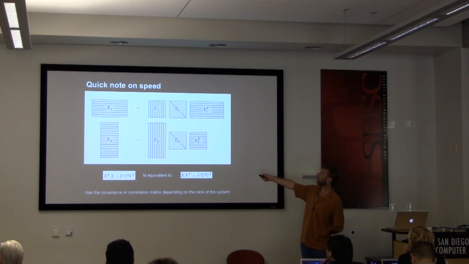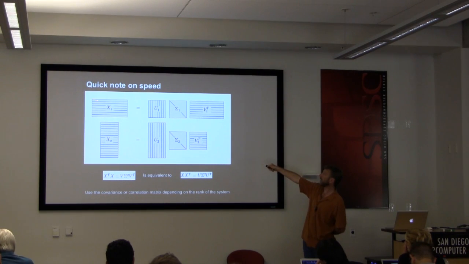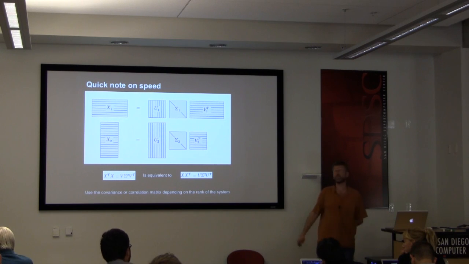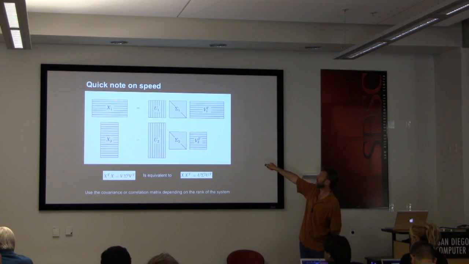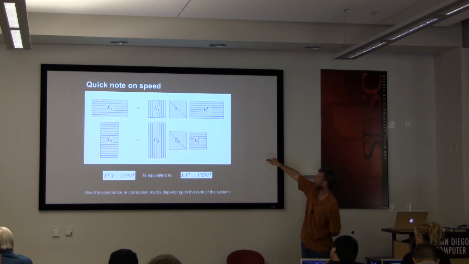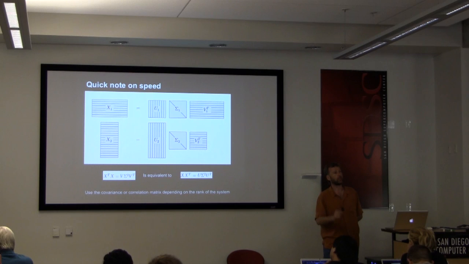Why is that important? Well, if I take x times x transpose, I'm going to take this row and multiply it by this column. That means the resulting matrix is going to be the number of rows by the number of rows. If I do it the other way, I take this row here, and multiply it by this one here, and that means it will be the number of elements in the spectrum by the number of elements.